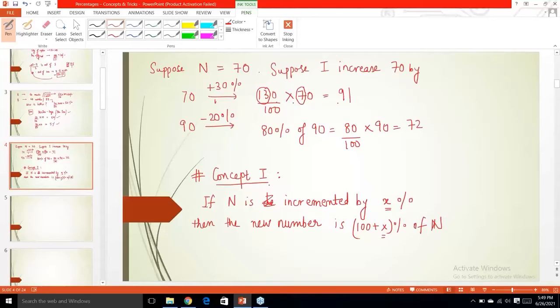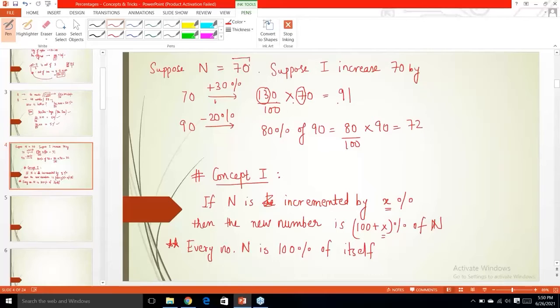And why does this work? This works because every number n is 100% of itself.